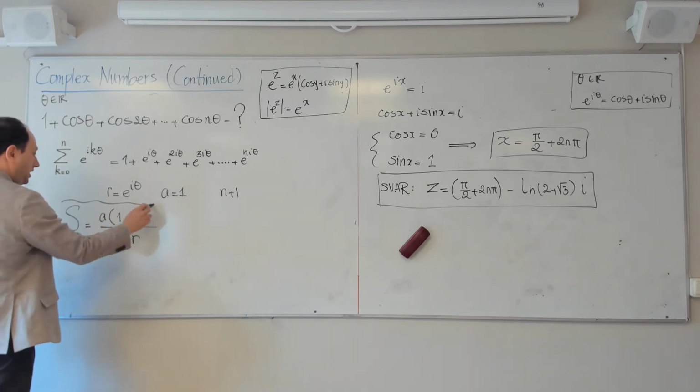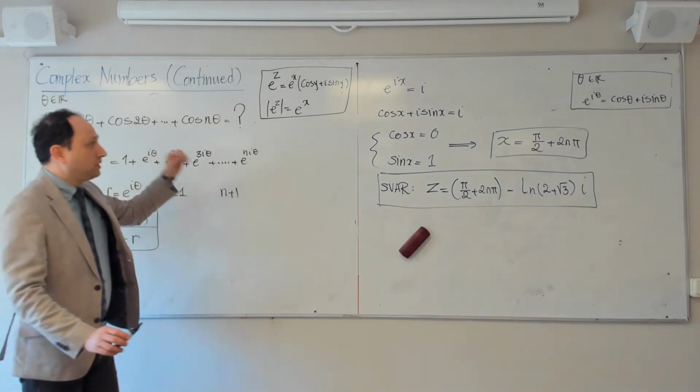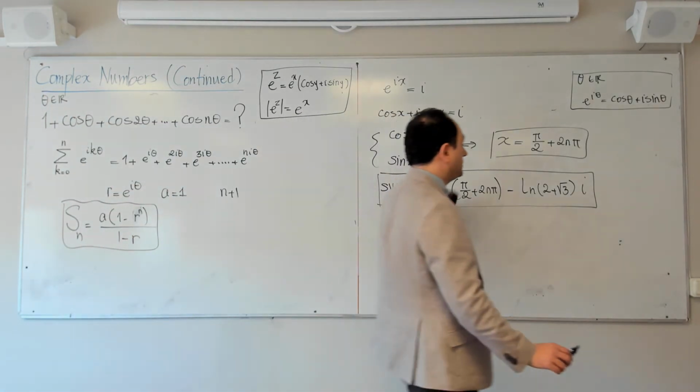So this you can find in the formula sheet, for the sum of the first n terms of a geometric sum whose first term is a and its common ratio is r. But understanding that this is a geometric sum, you should train your eyes for these things.